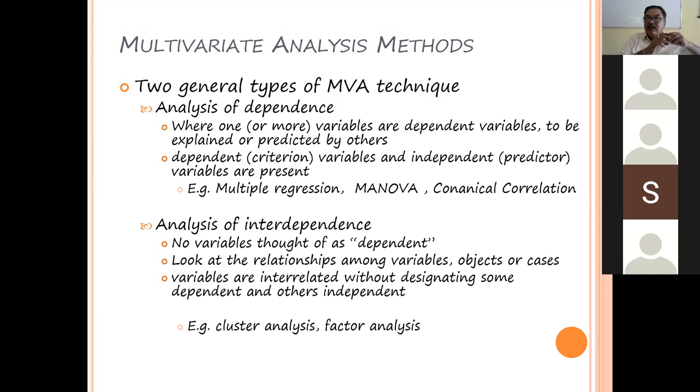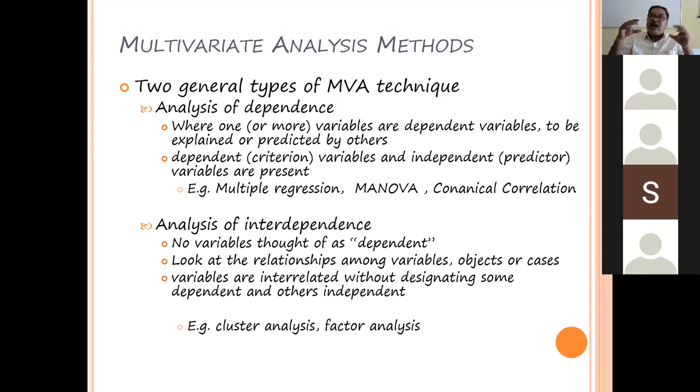Like that, the marks of a student depend upon the number of hours he studied, the number of classes he has attended, the number of hours he spent in the library, and many things included, right? So like that, one variable depends on many independent variables.